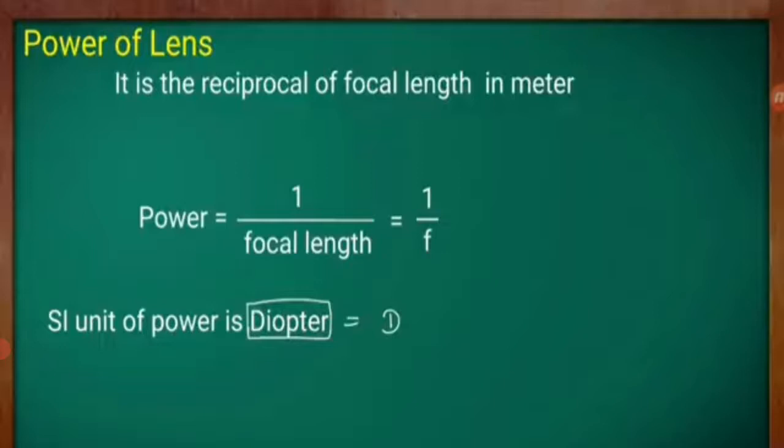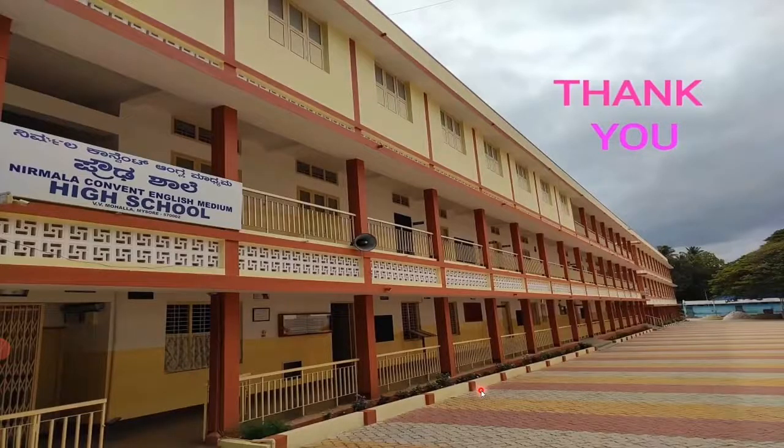And also we have seen the different cases of image formation, like 6 cases in the convex lens and 2 cases in the concave lens. And also we have studied the lens formula, then the magnification of the lenses, then the power of lenses. I hope you have understood today's class, children.